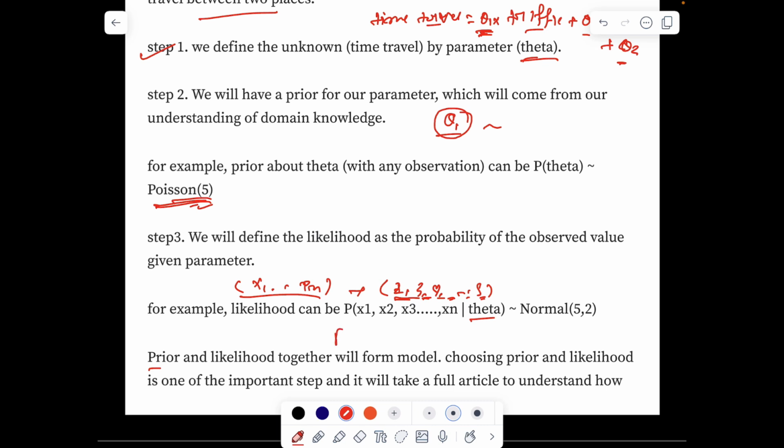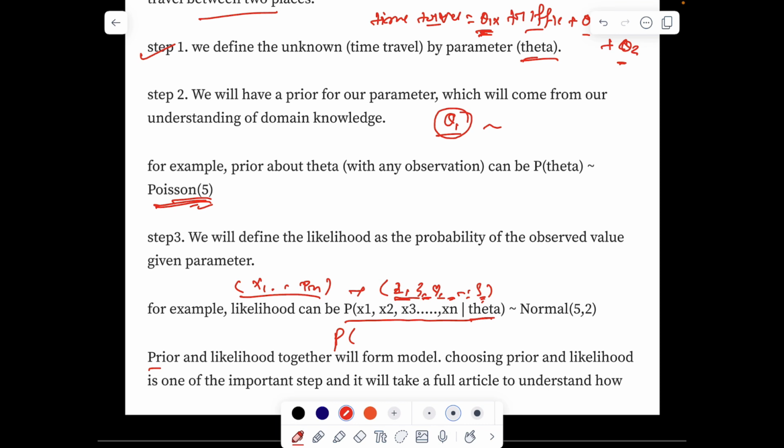Suppose we have this prior about theta, and given this theta, what is the likelihood that we will get this data x1, x2, xn? So this is how we are defining our likelihood.